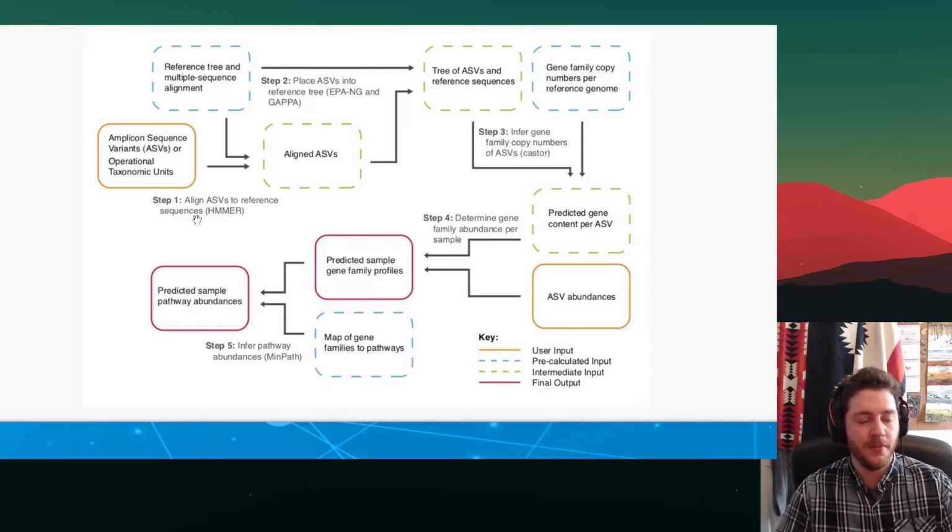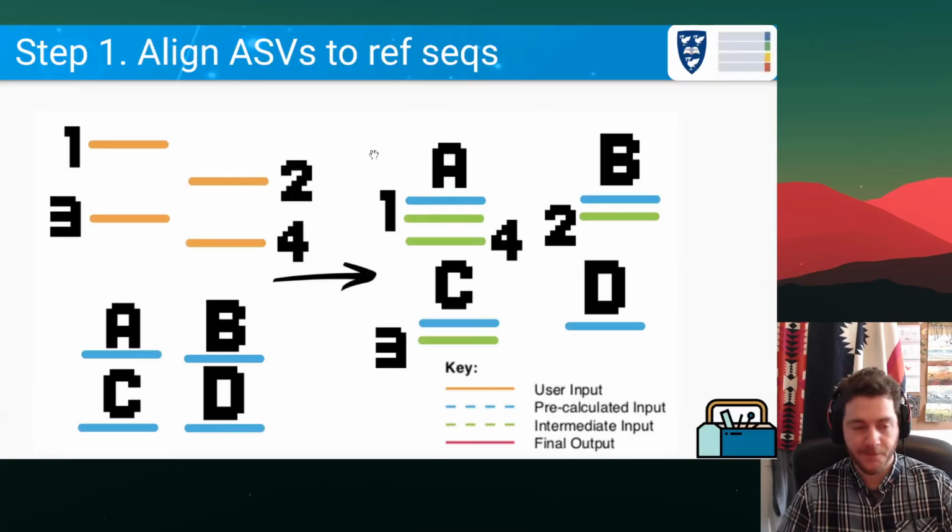So the first step, we're going to align our ASVs. So this is our ASVs that we have produced through QIIME2, so kind of our representative sequences we get from the data denoising. And we're going to align these to our reference sequences. So we have the greater than 40,000 reference sequences in our database. So this is an example of how you do that.